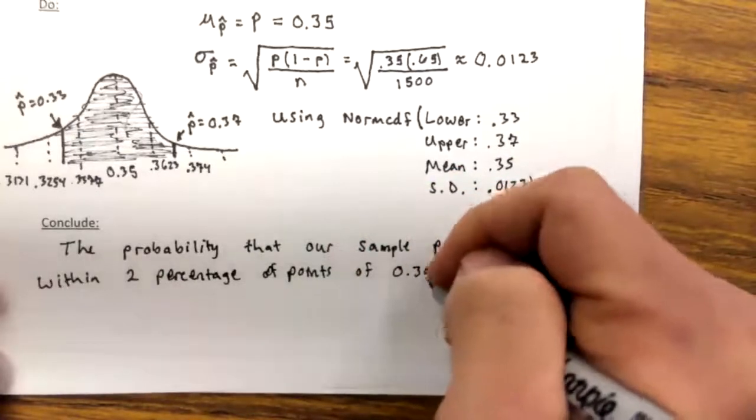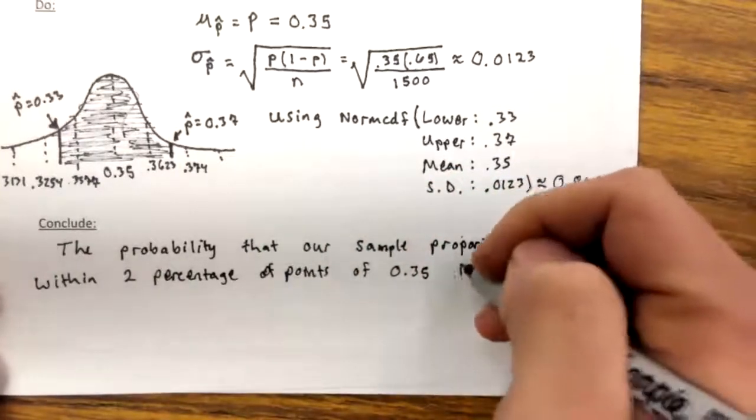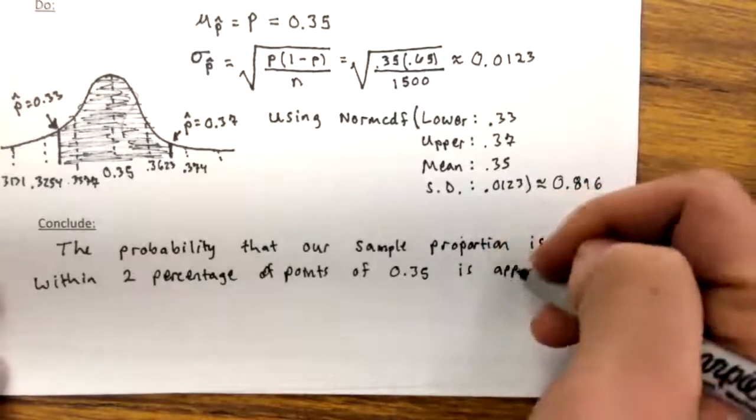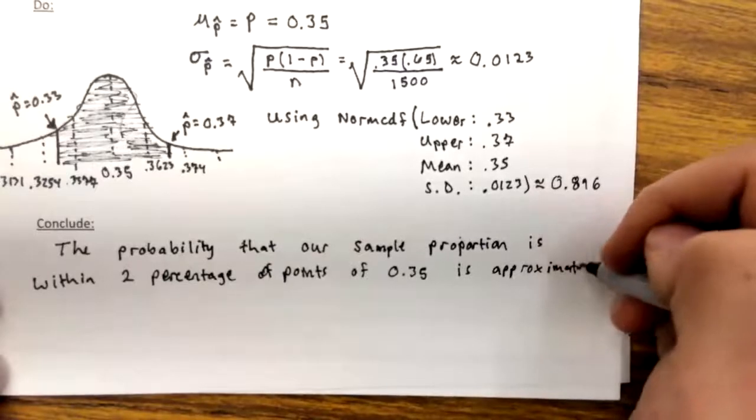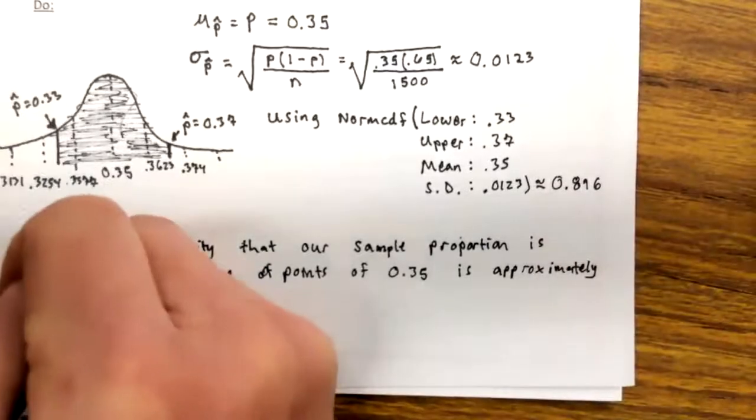That was that true value that we were using. It's approximately, because we did do quite a bit of rounding, approximately 89.6%.